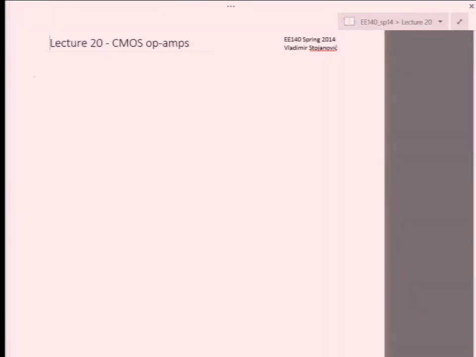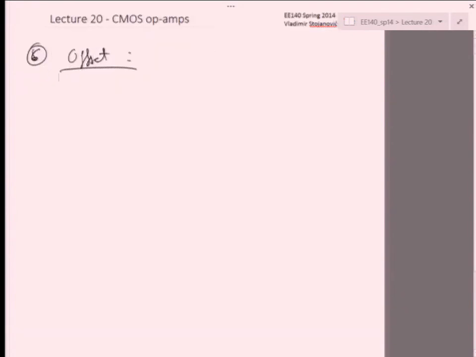Okay, so the last piece we're going to touch on today is the offset. And there are two kinds. We looked previously at the random offset in differential pairs. But I'll first touch on systematic offset.